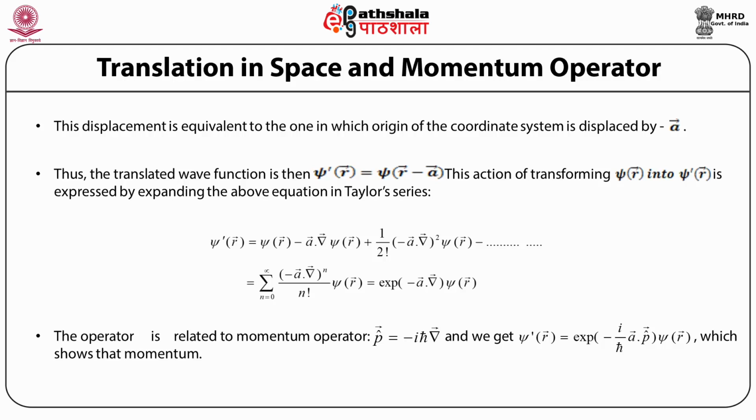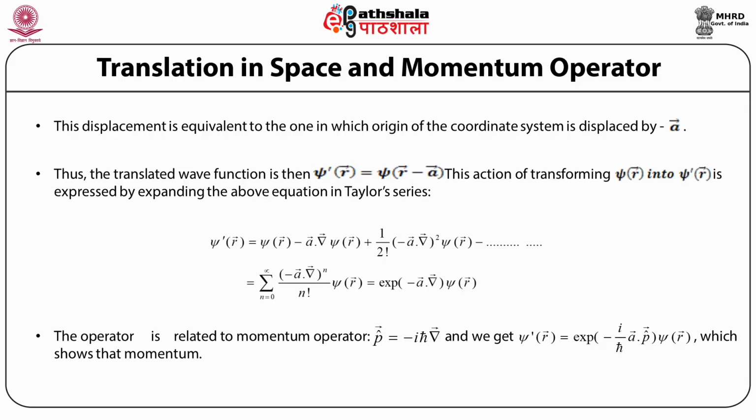And this series expansion for the wave function psi prime as a function of r can then be rewritten as summation over n going from 0 to infinity of within brackets minus vector a dot vector del whole to the power n upon n factorial, whole times the wave function psi of r.